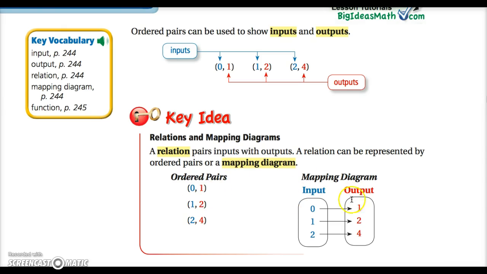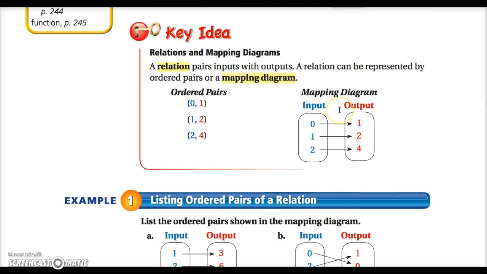You can also show it by what's called a mapping diagram. And if you look at this part right here, it basically looks like an XY table. But instead of X, they put input, and instead of Y, they put output, but they are essentially the exact same thing.